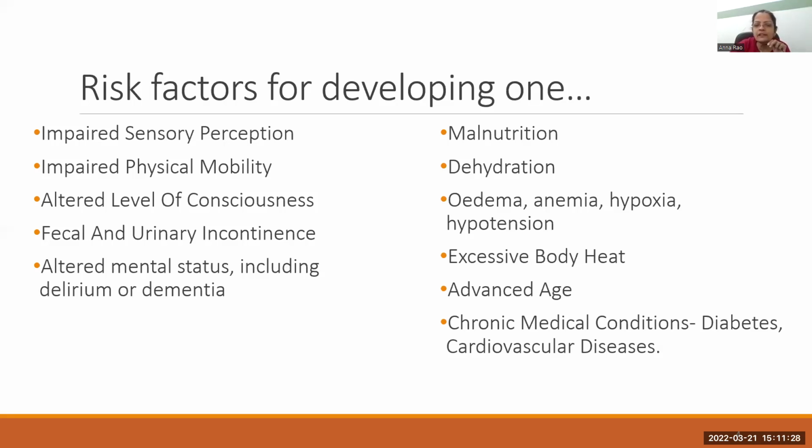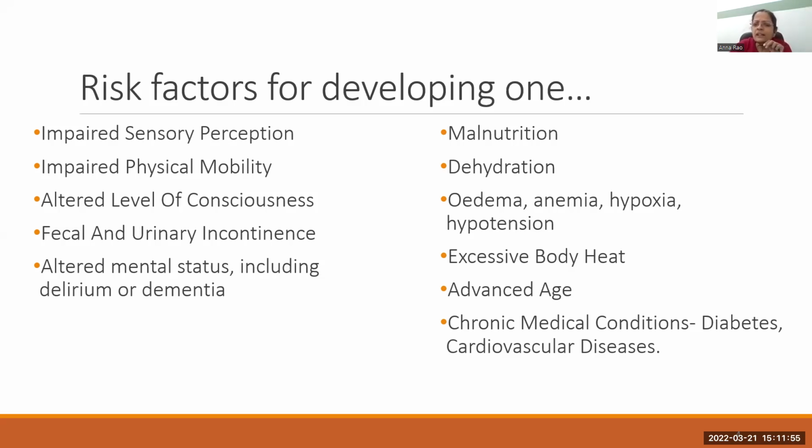Patient's body has lost power and there is excessive body heat, right? Advanced age also. I'm sure each household will be having some or the other person who has entered old age, right? So they are also very much prone to develop bed sore.